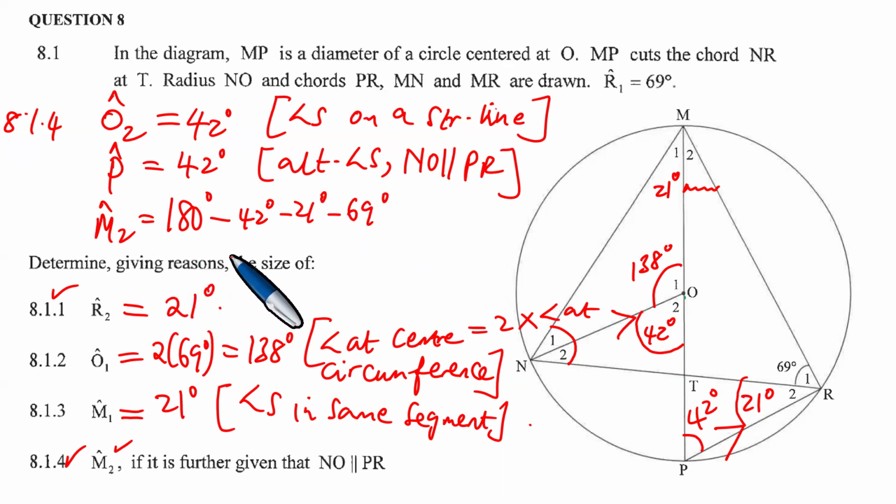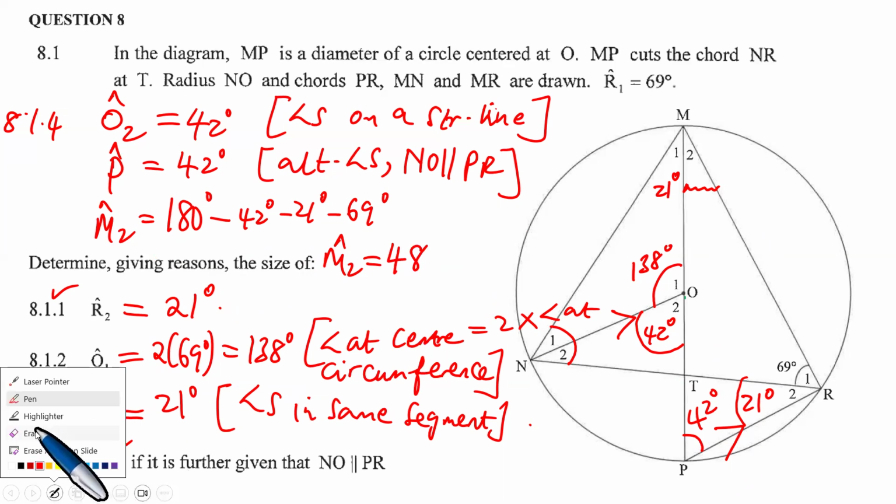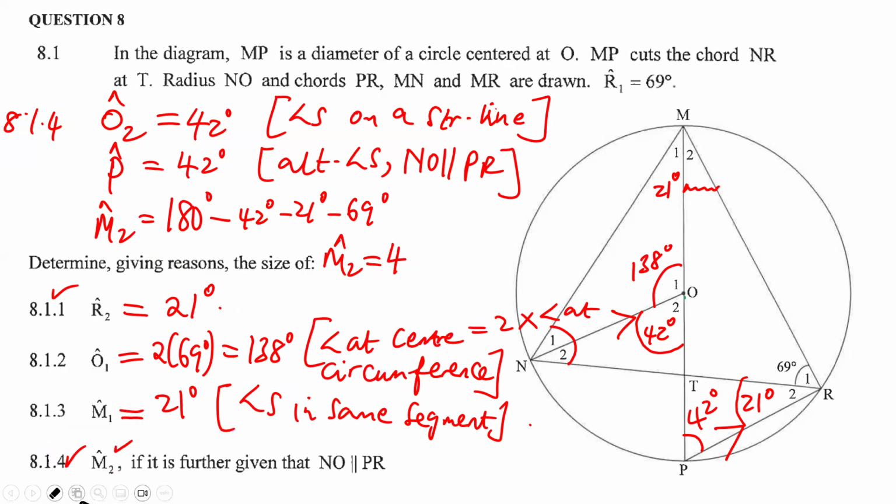And what is the answer? So what is 180 minus this? Which is 48 degrees. If you use a calculator, you'll get 48 degrees. Check this. So in the end, M2 is 48 degrees.